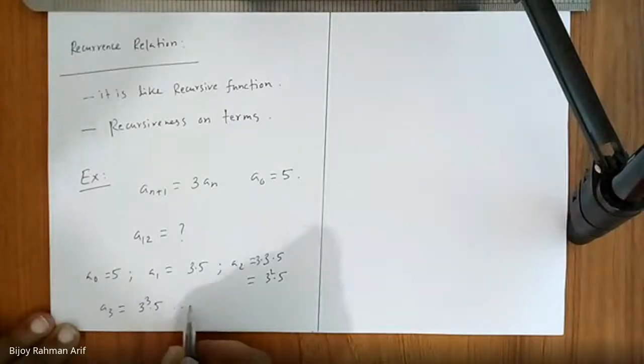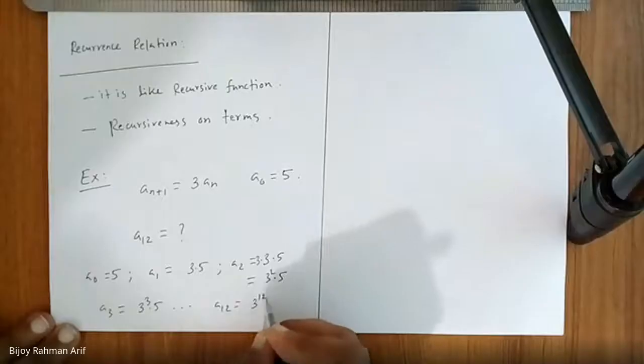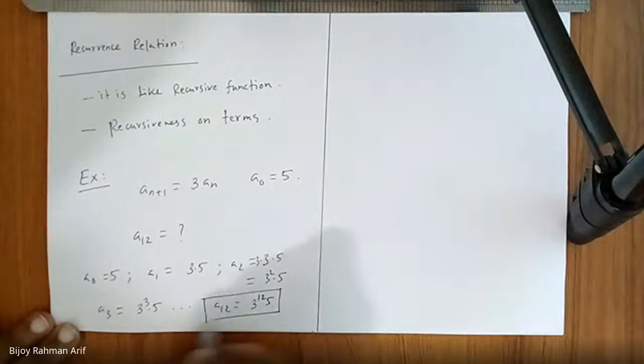So a12 will be 3 to the power 12 into 5. Good. So this is the answer.